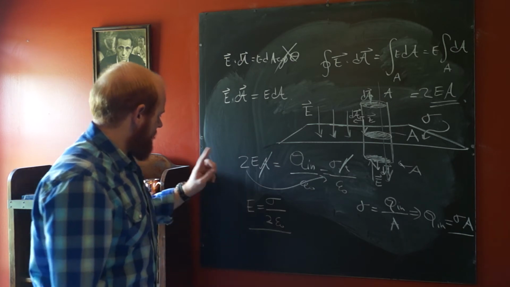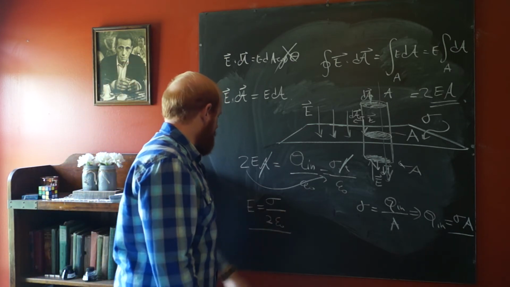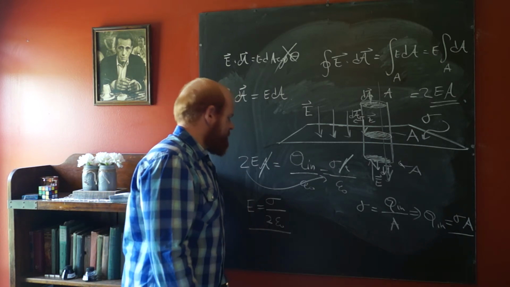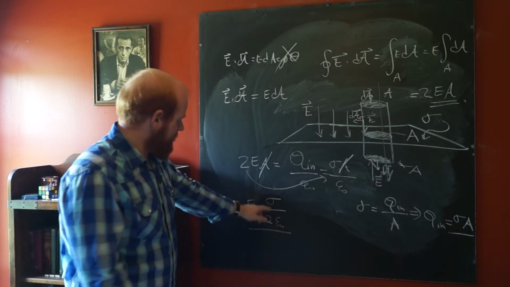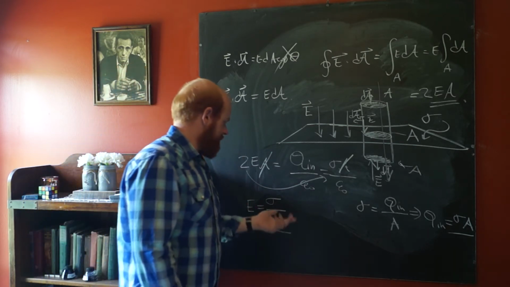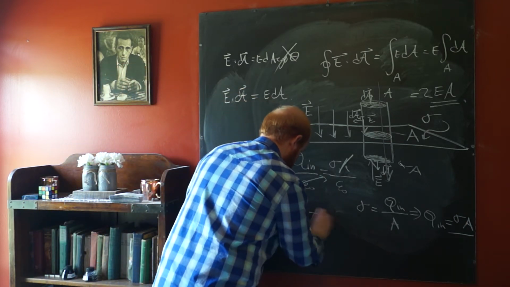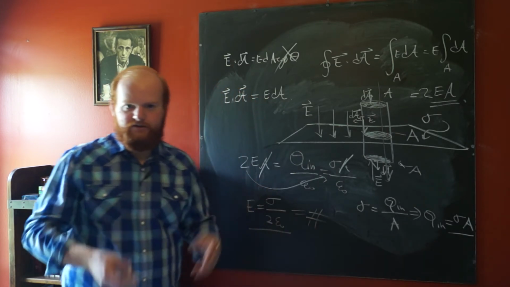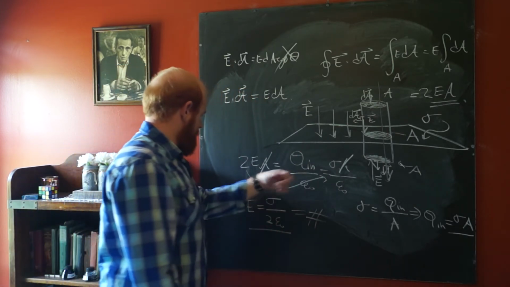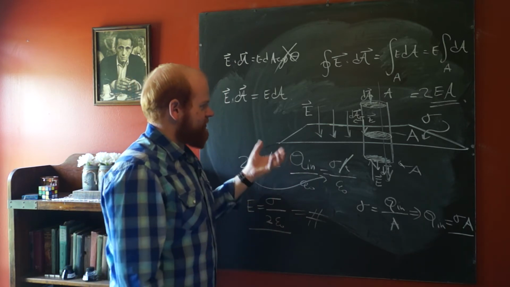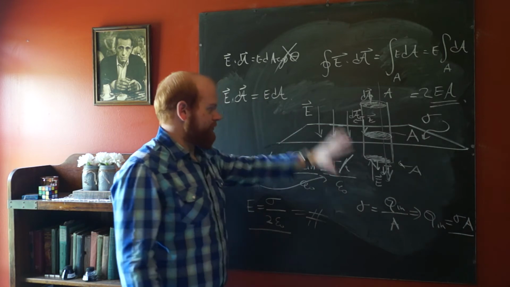And at this point, to actually get a numerical answer for your problem, you can plug in your minus 10 microcoulombs per meter squared right here, and then plug in epsilon naught from the back of your book, for example, and get some number. And I'm not going to do that for the sake of brevity, and also because my calculator is dead. But you can do that at home. And this is where you would start with this problem. And if you were asked to show how Gauss's law gets you here, then you could go through this derivation.